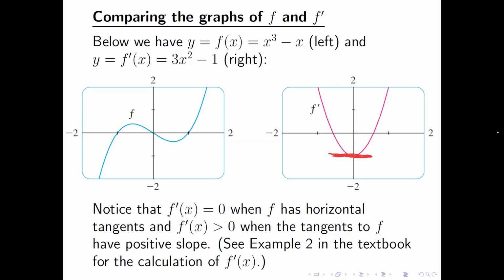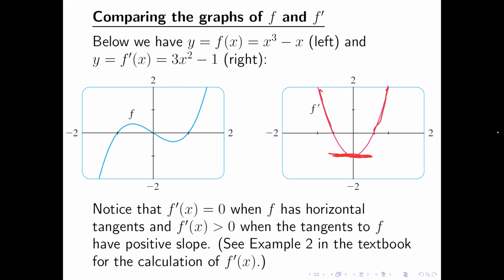And when f prime of x is strictly greater than 0, it means that if our f prime is positive, here or here, the tangent of this function has a positive slope.